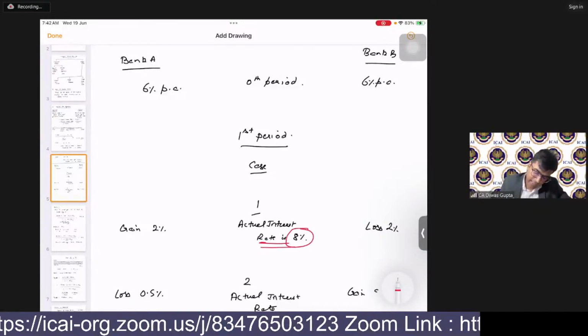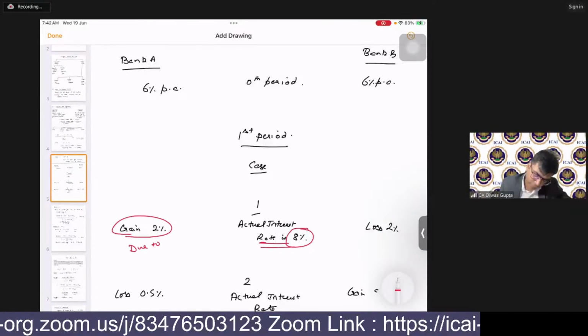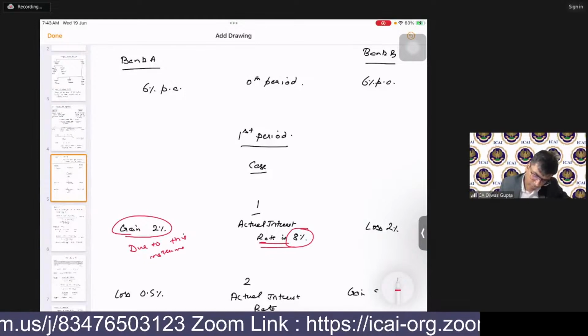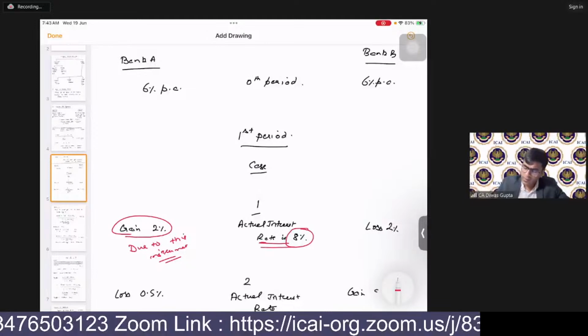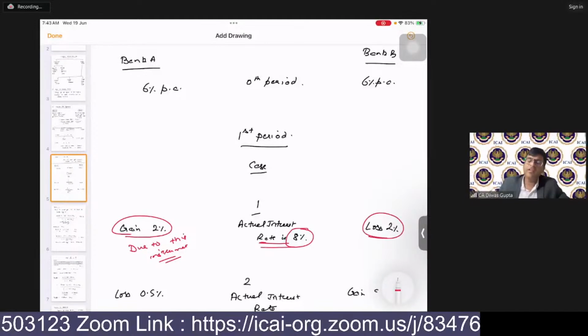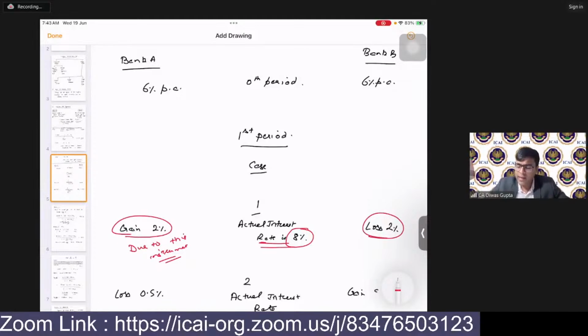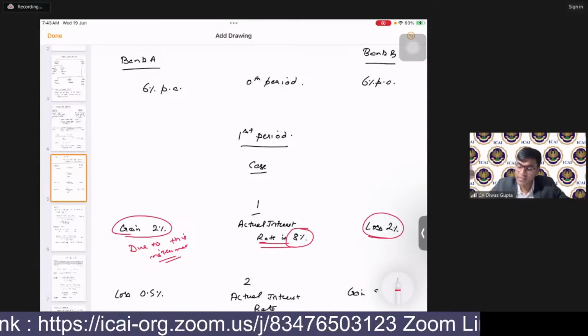I am at a gain of 2% due to this instrument. Correct? And here, what will Bank B say? Bank B will say that I had agreed to invest at 6%.